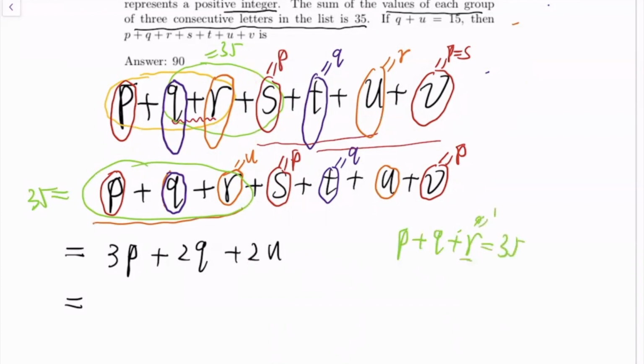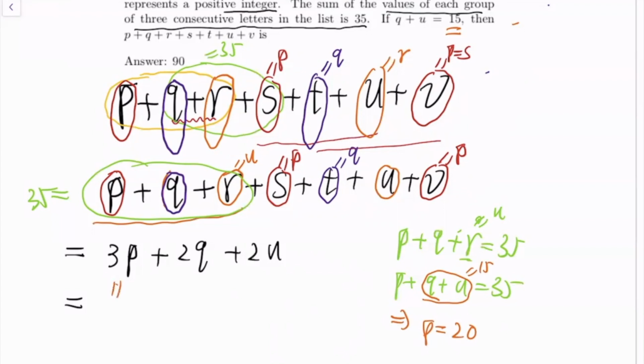R is the same as U, so P plus Q plus U is 35. From here, Q plus U equals 15. So I get P equals 20. So P is 20.